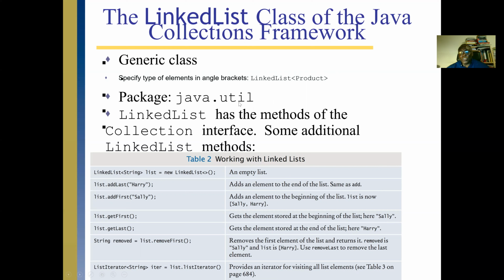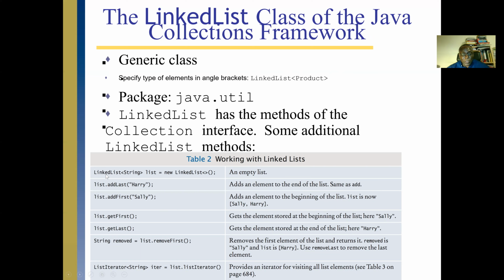The utility package also consists of the Stack class and the Queue class using array implementation. So the LinkedList class in the Java API has the methods of the Collection interface. And these are some of the examples.